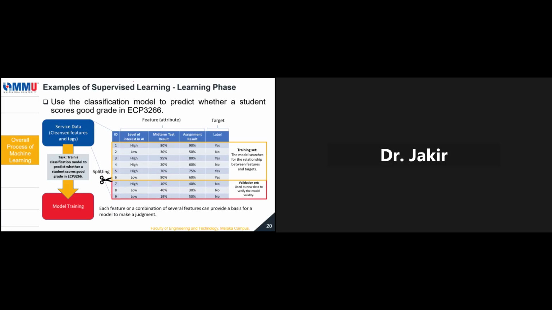This uses a classification model to predict whether a student scores a good grade or not in these subjects. And as I told you, the columns indicate the features: there is an ID, level of interest in AI, midterm test results, assignment result, and that is what we call the label data.